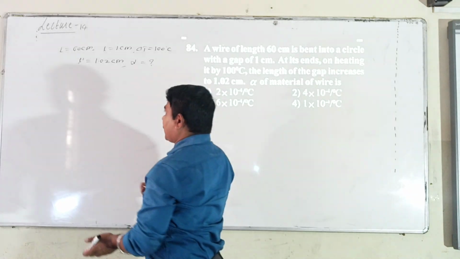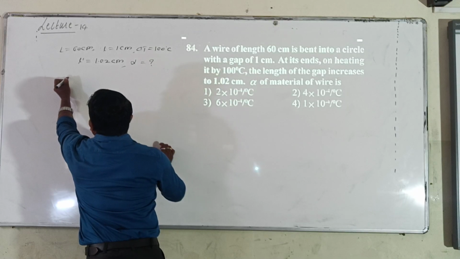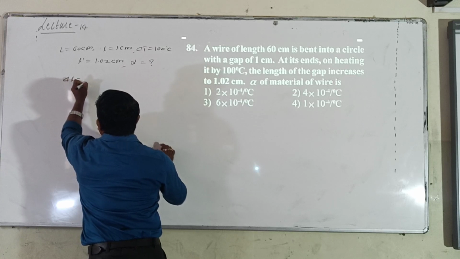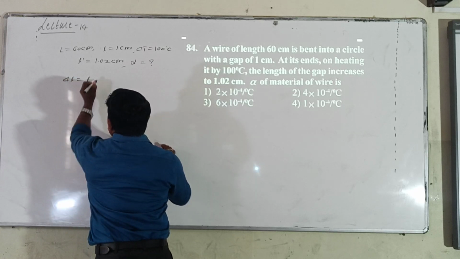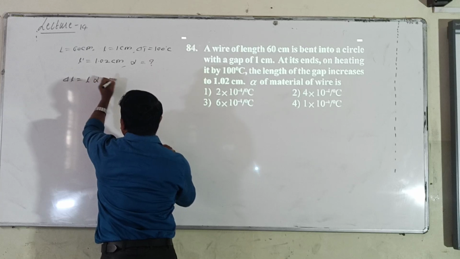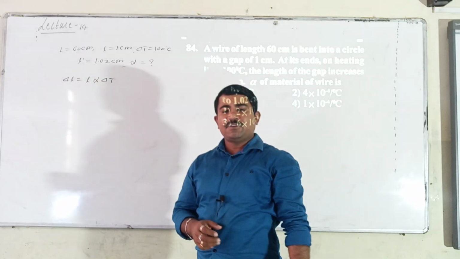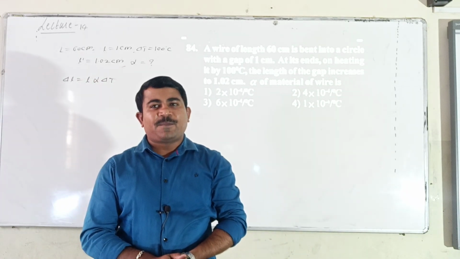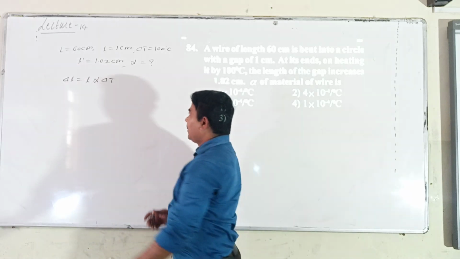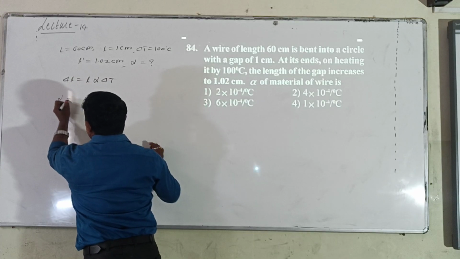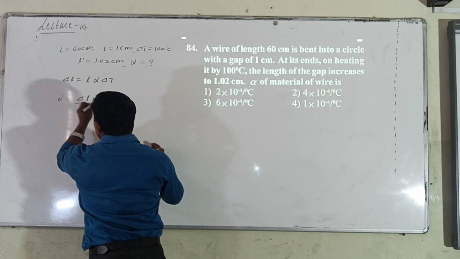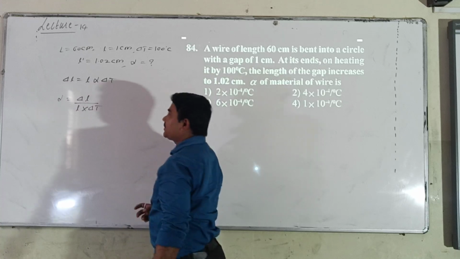See here, we know this value. Change in length equals original length into alpha into delta t. This is the formula according to the coefficient of linear expansion. Then from this, alpha is equal to del L divided by L into delta t. What is del L?